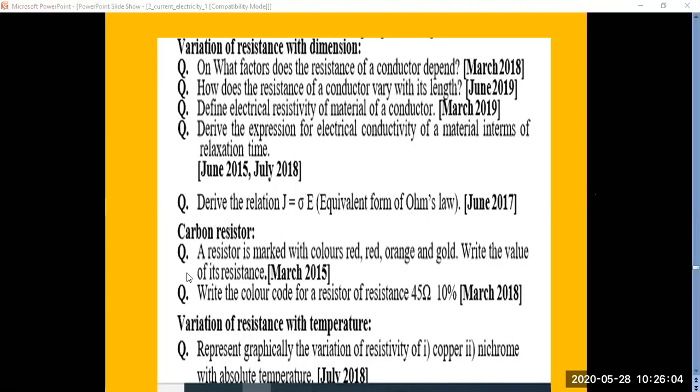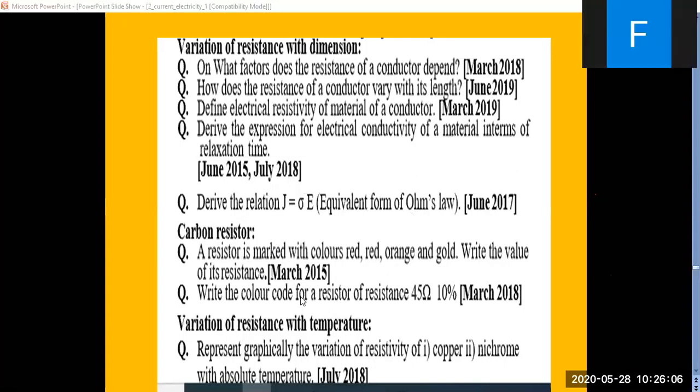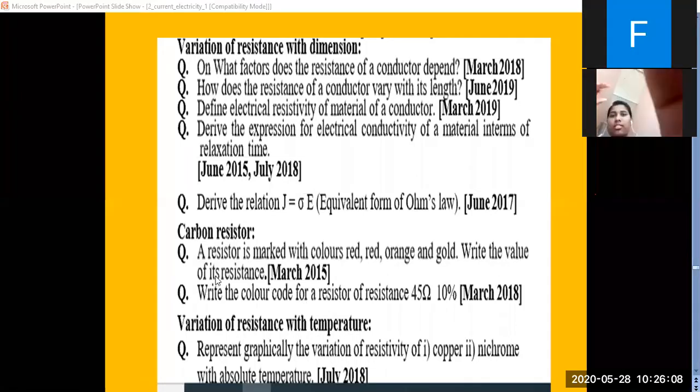Now when you take a carbon resistor, the color coding, they will ask you questions like this. Like colors will be given, red, red, orange and gold. Write the value of the resistance. You can write that answer in numbers if the colors are given, or they will ask you to write the color code for a resistance of 45 ohms.